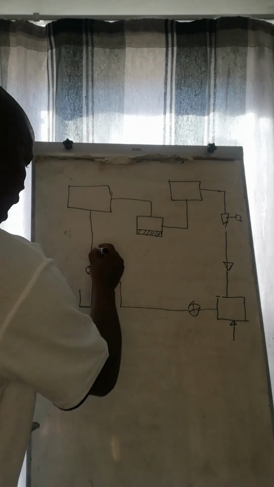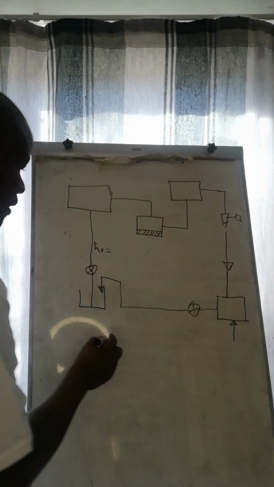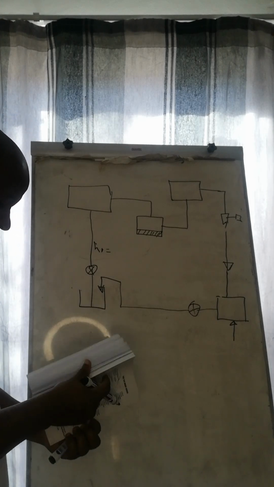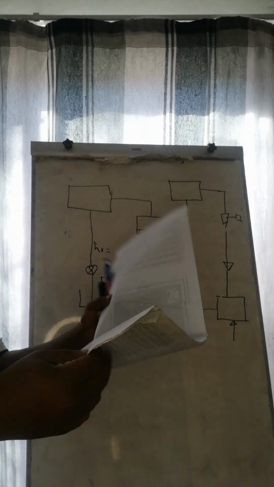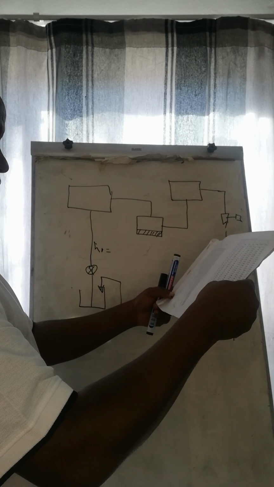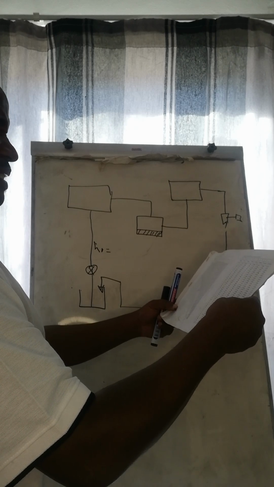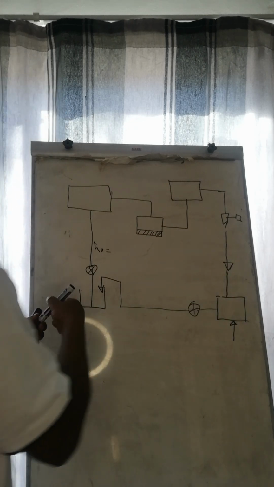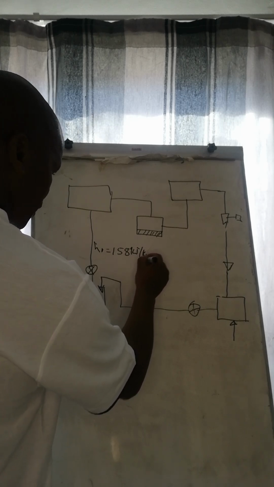Right. Now, the enthalpy of feed water, let's say it's H1, is equal to what? At 37.7 degrees, let's check. Hey guys, I'm not good with my eyes. It is equal to 158 kilojoules per kilogram.